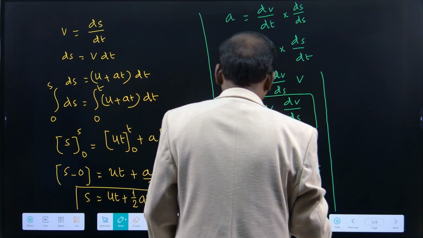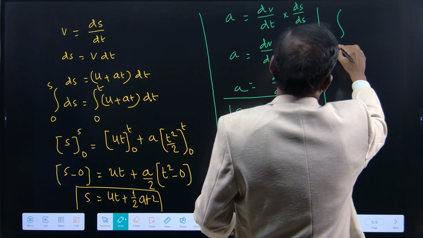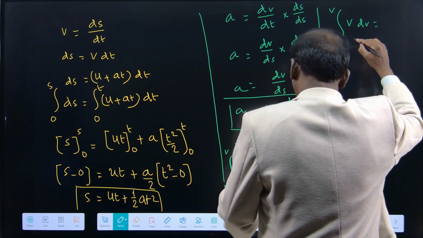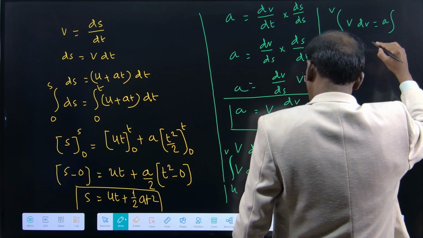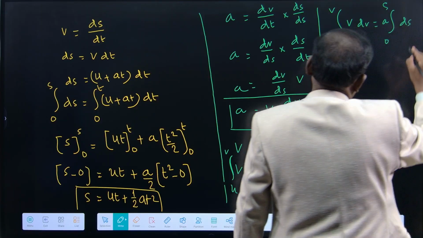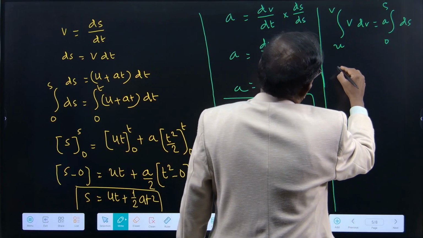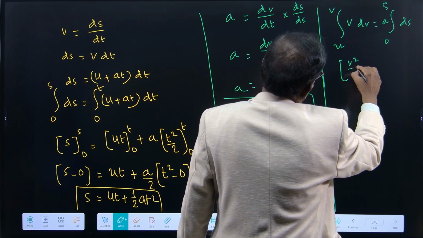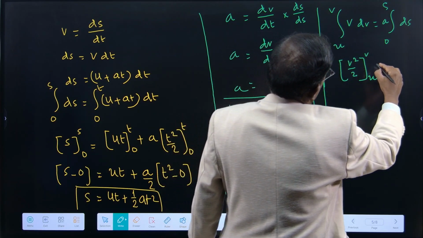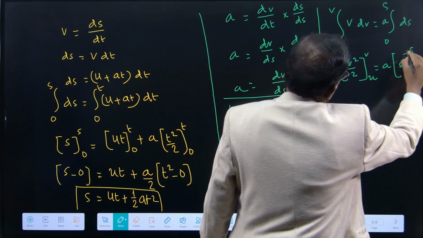So the integral of v dv from u to v is equal to a times the integral of ds from 0 to s. v dv gives v square by 2, u to v, equal to a times s, 0 to s.